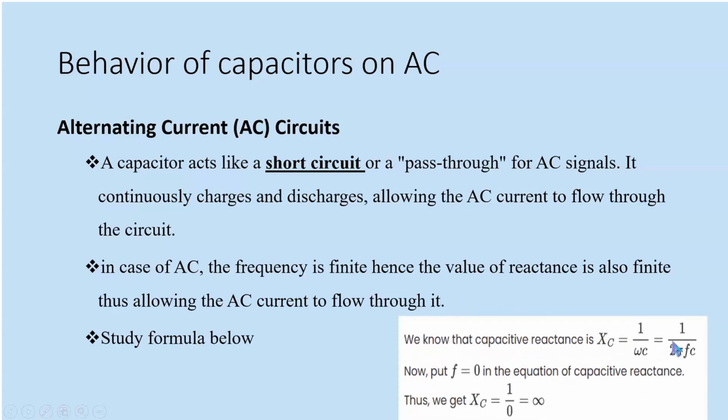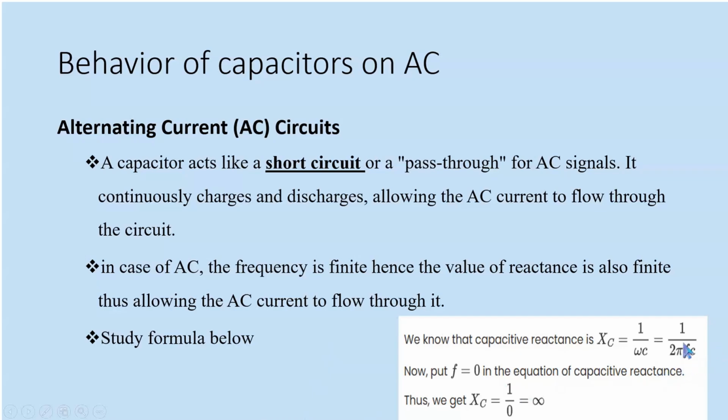We can look at this formula. The capacitive reactance of a capacitor is Xc, and is equal to 1 over omega C, whereby omega is 2 pi f, and C is the capacitance. When we compute this, we find that Xc is a resistance in ohms, and this f is possible only if we have AC.